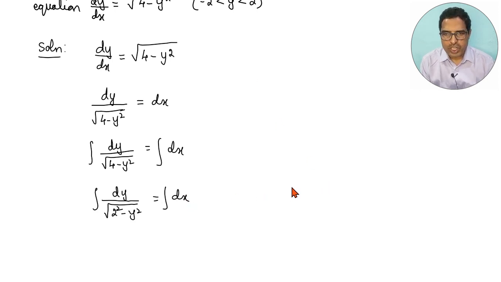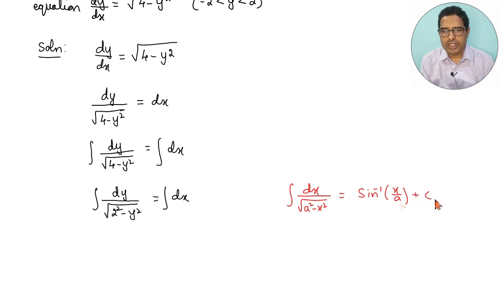So we know the standard formula, the integral of dx by root of a square minus x square is nothing but sine inverse of x by a plus the constant of integration c. If you observe this problem, the value of a is 2, and the x value is y.